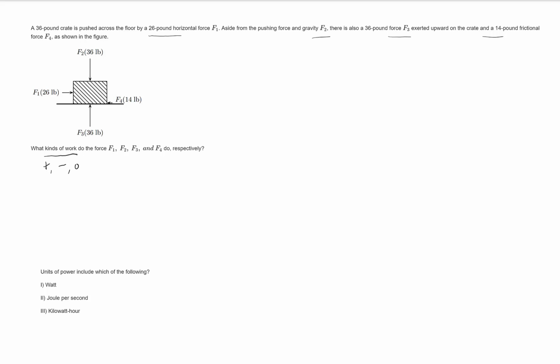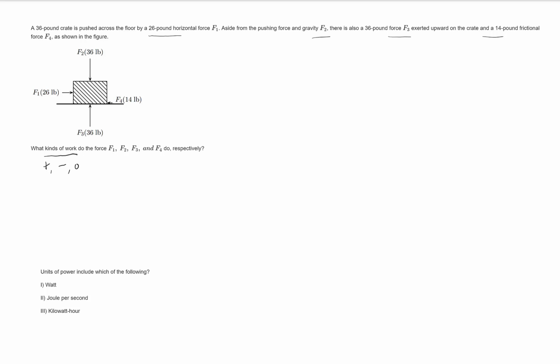So this one we're going to focus in. The net work is equal to the change in kinetic energy. Now it says that it starts from rest, so the initial kinetic energy is 0. So the net work is equal to the final kinetic energy, which would be 1/2 m v final squared. So we know the mass, we just got to figure out the final velocity. We know the acceleration and we know a distance.